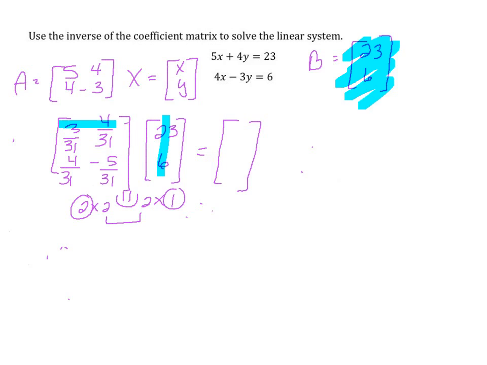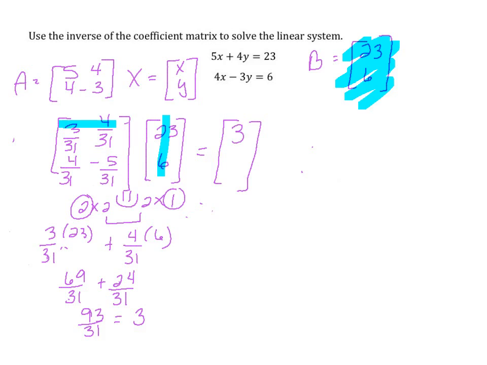So we'll have 3/31 times 23 plus 4/31 times 6. This will give us 69/31 plus 24/31, which is 93/31, which can evenly divide into 3.